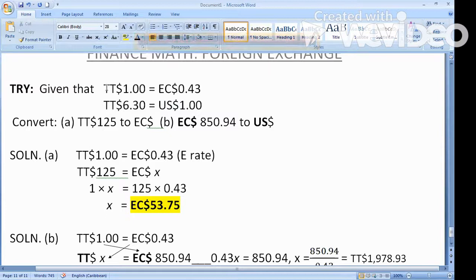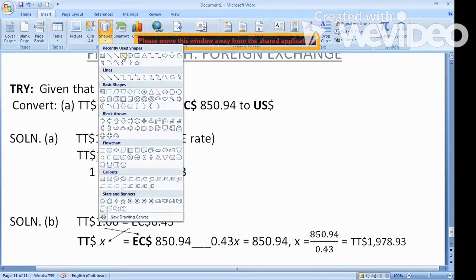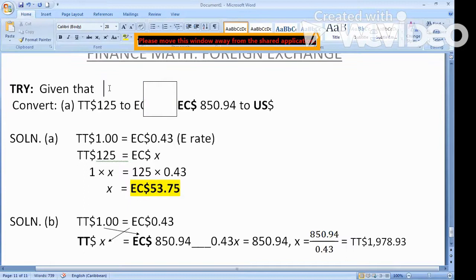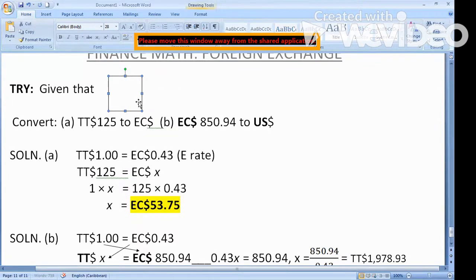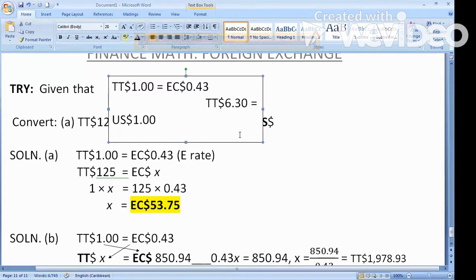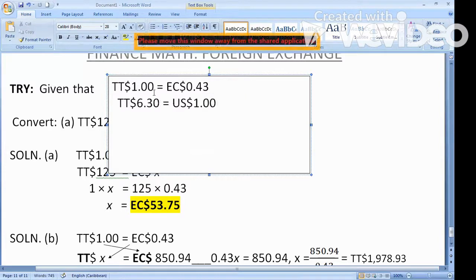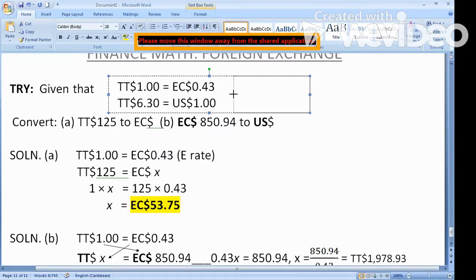Let me see if I can, I don't want it mixed up in the thing. So I want it to look like something, you know.